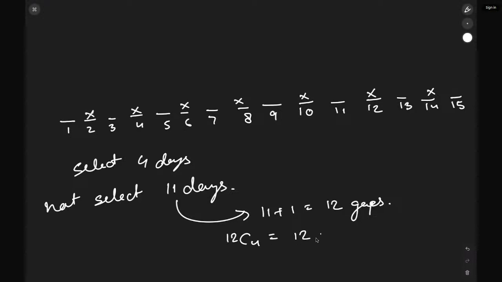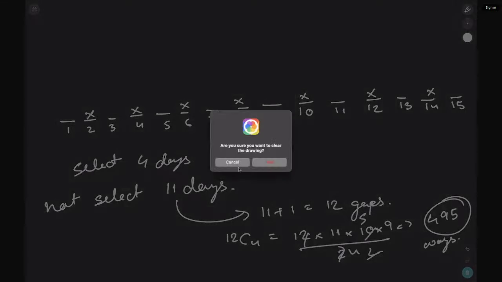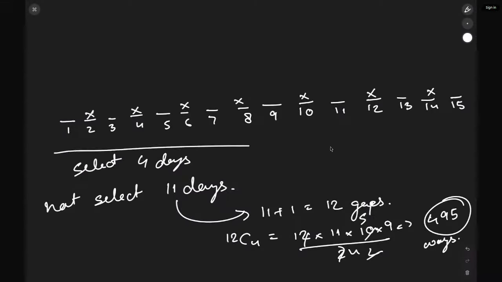That will be equal to 12 into 11 into 10 into 9 upon 4 into 3 into 2 into 1, which is 24. That gives 55 times 9, so 495 ways are there. So note this down. It is important.